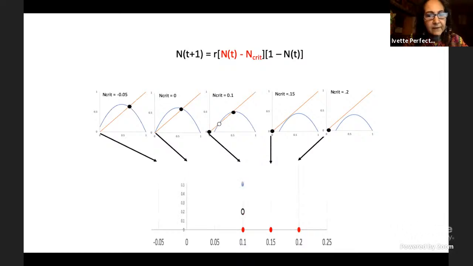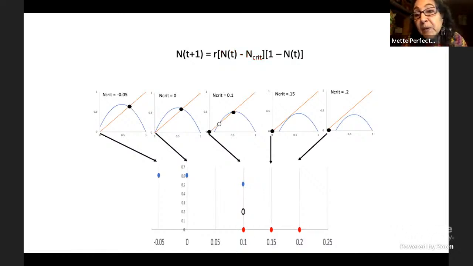And here you see that at low n-crit, you have the high density of the scale. At the high n-crit, you have the low density of the scales. And at this intermediate level, you have both high and low and basically an unstable equilibrium point.